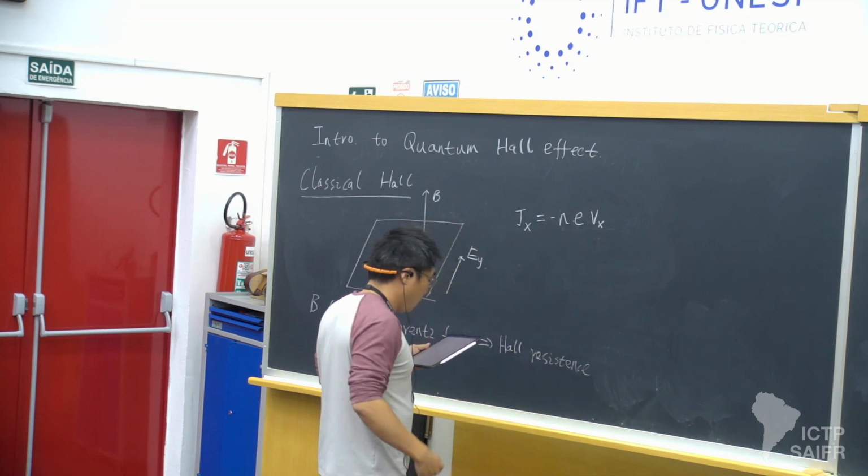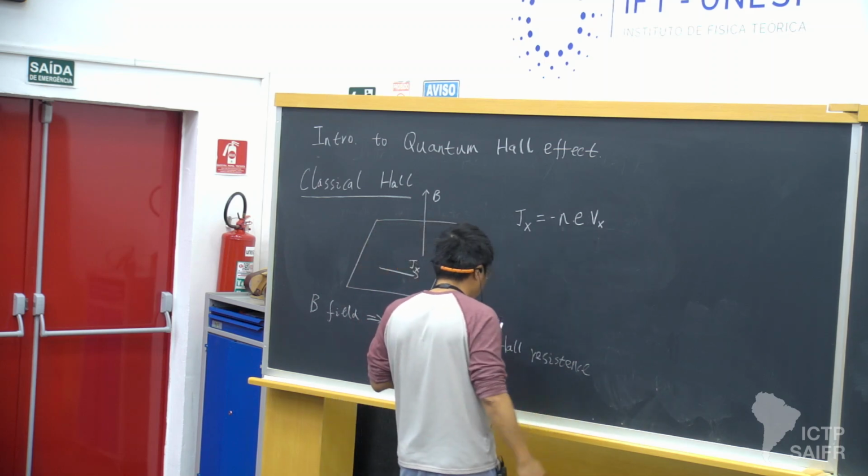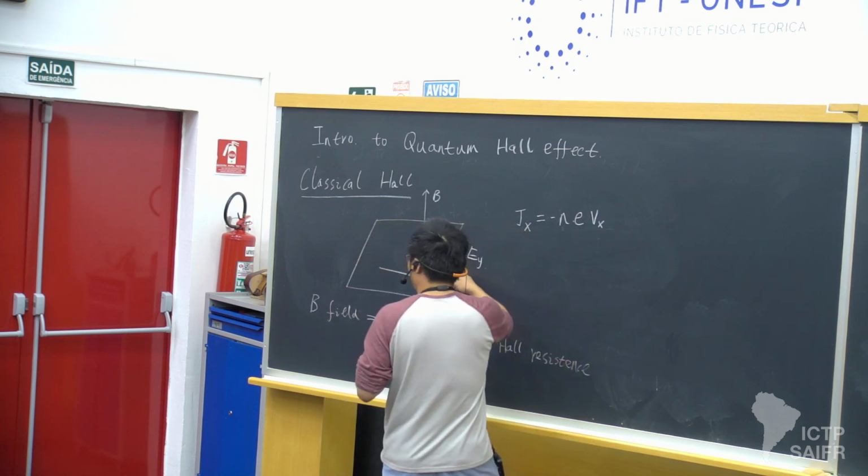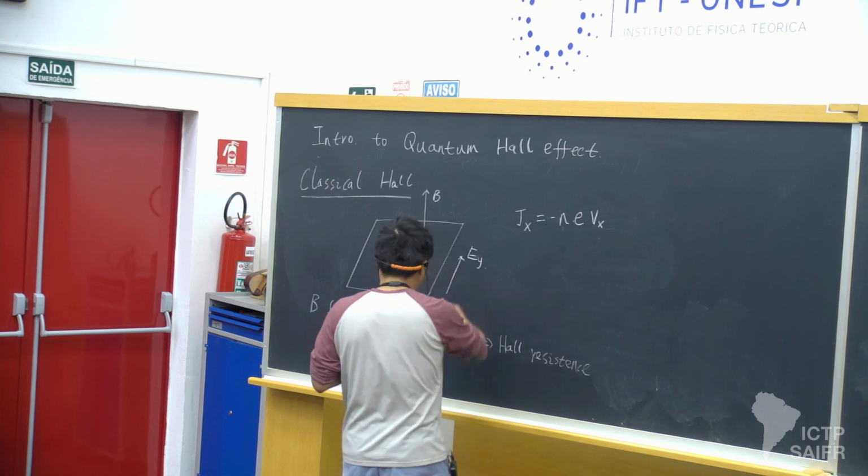On each electron, there will be a Lorentz force, as well as a force coming from the electric field.